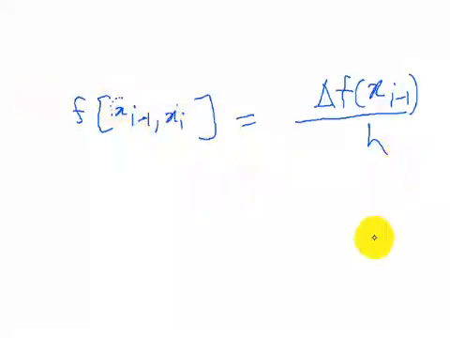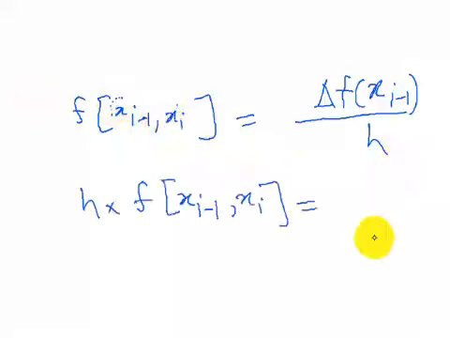So we can rewrite this: h times f of x_{i-1} comma x_i is equal to the first order forward difference of f of x_{i-1}. This one is very important.